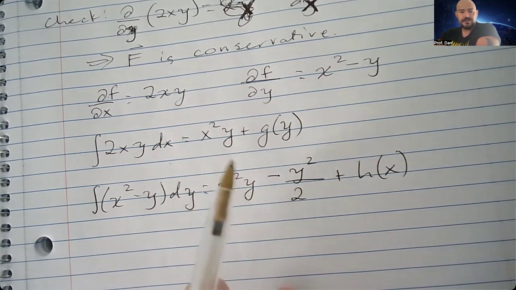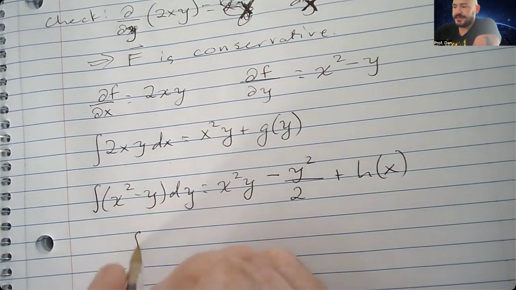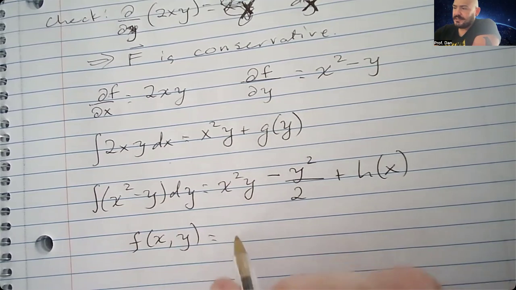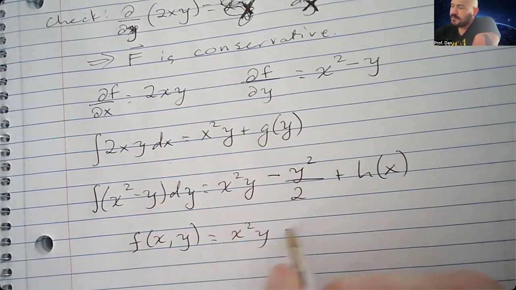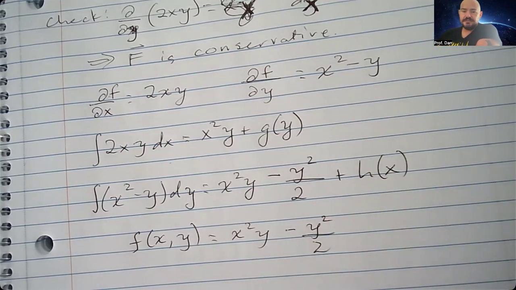Now that I know what these different pieces are, I know that my potential function f is equal to x squared y, that was the term that popped up in both of them, minus y squared over 2, and there might still be a constant that would go away with differentiation with respect to either variable.